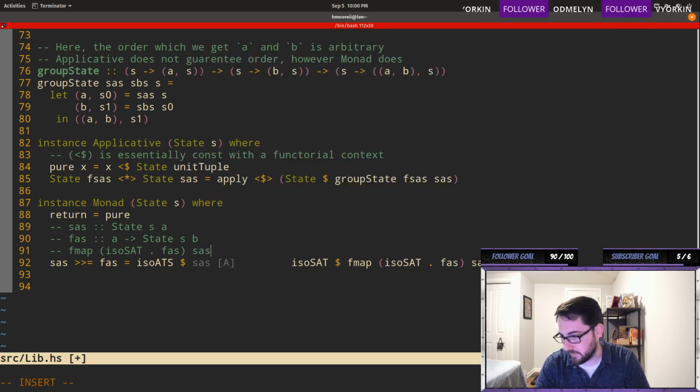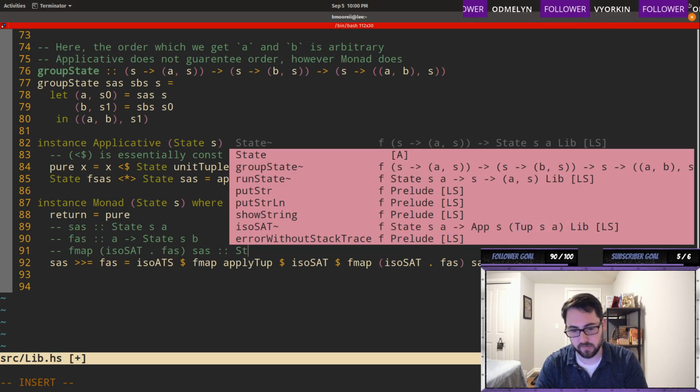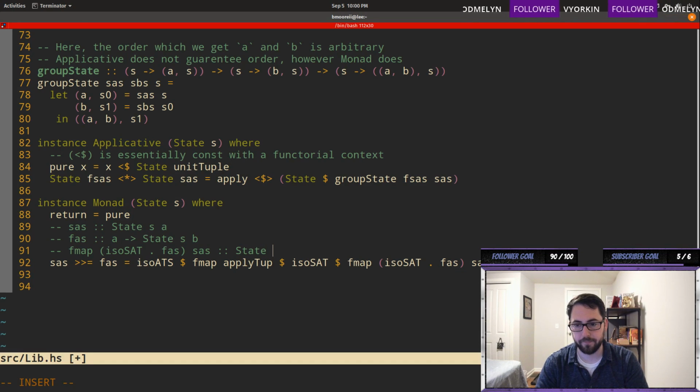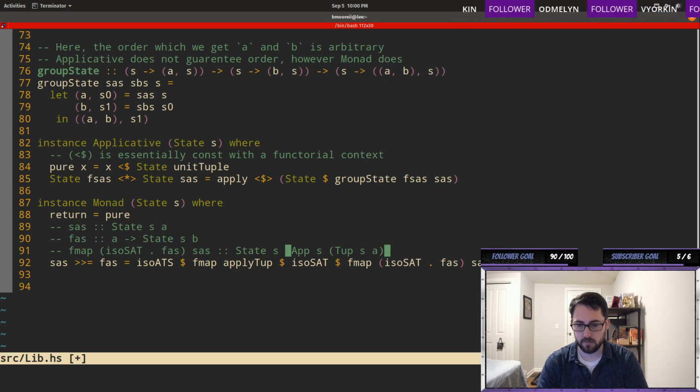It's not absurd, obviously, because it works, but so this becomes state s, app s tup sa. Yes?